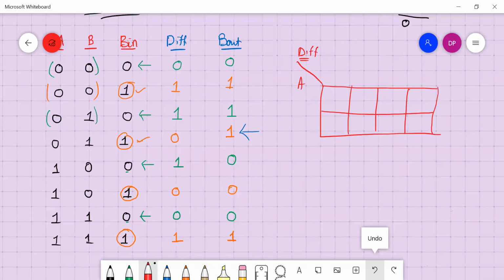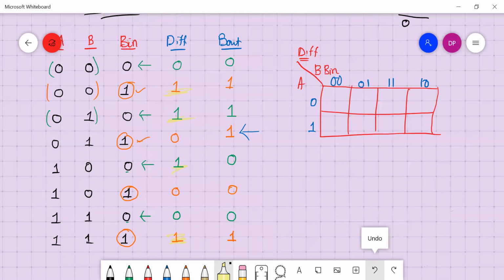We have here A, B, B in. Let's say this is 0, this is 1, 0, 0, 0, 1, 1, 1, 1, 0. Where you find the min terms for difference, you find the min terms here, here, here, and here. 4 min terms are there.